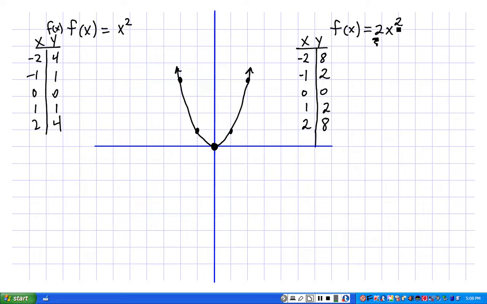We already knew this. Alright, but now, notice I'm multiplying a constant outside of my function. So my parent function is getting multiplied by a constant. Okay? And when that happens, let's notice the effect. At -2, we're up 1, 2, 3, 4, 5, 6, 7, 8. Well, here, let me change color.